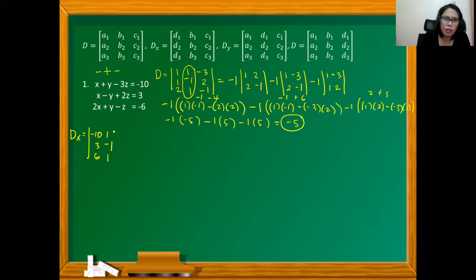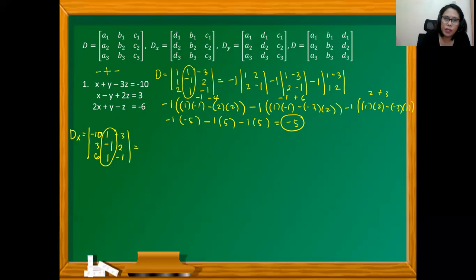And then C, negative 3, 2, and negative 1. So among the rows and columns, we're going to consider the second column. Now, it's up to you which column or row you're going to consider to come up with, for example, D sub x.